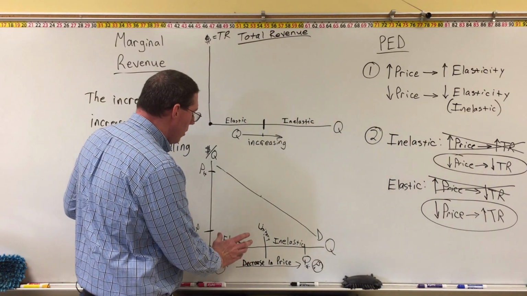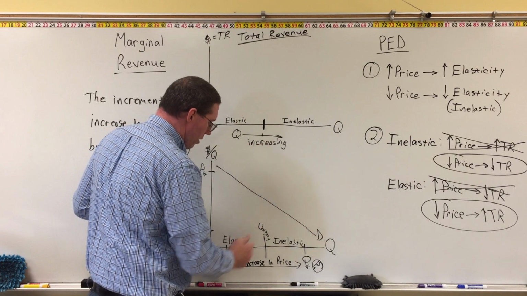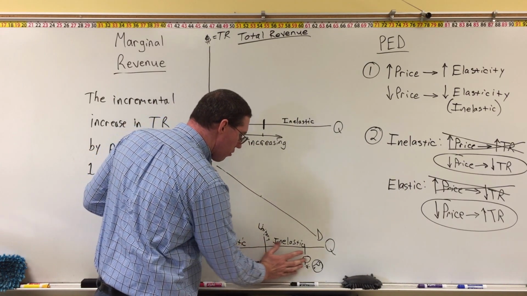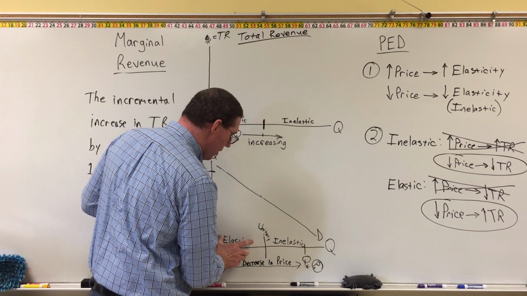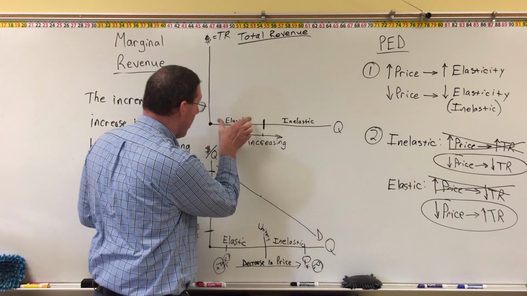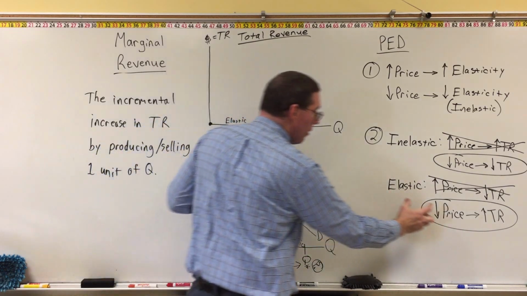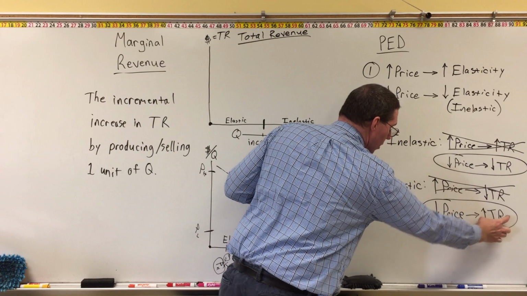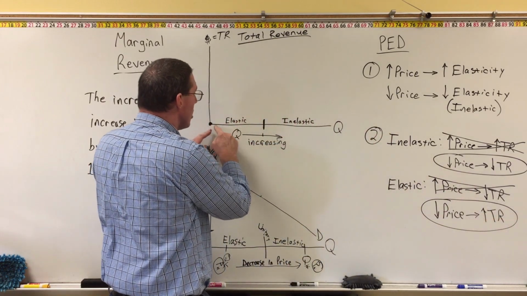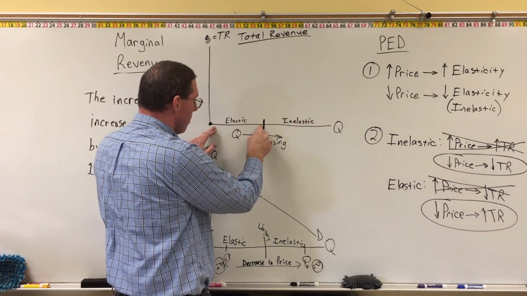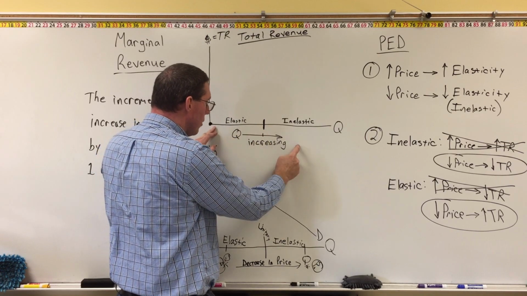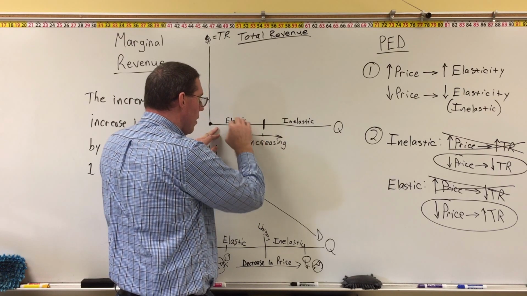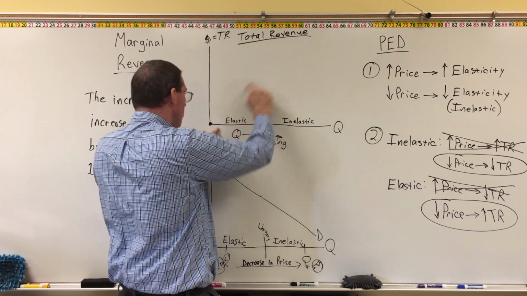All right, so as quantity is increasing, price is decreasing as we move this direction. And in the elastic zone, when the price is decreasing, total revenue is increasing. Therefore, in this elastic region, as quantity increases, price is decreasing, which means total revenue will be increasing.